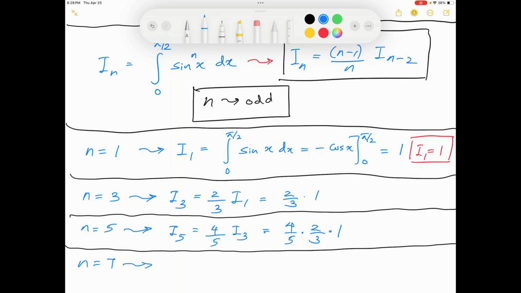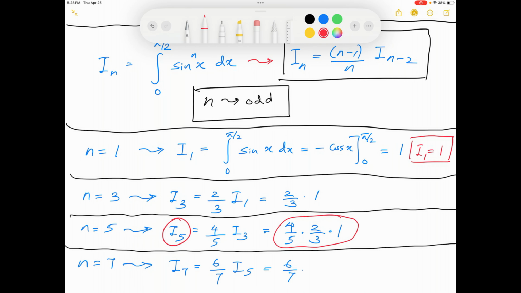So the next odd number is n equals 7. I sub 7 should be equal to, according to this equation, on the right hand side, n minus 1 over n. That means 7 minus 1 is 6, and n is 7. I sub n minus 2 is I sub 5. So 6/7 times I sub 5.